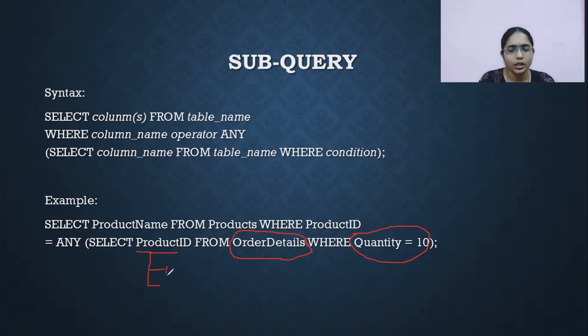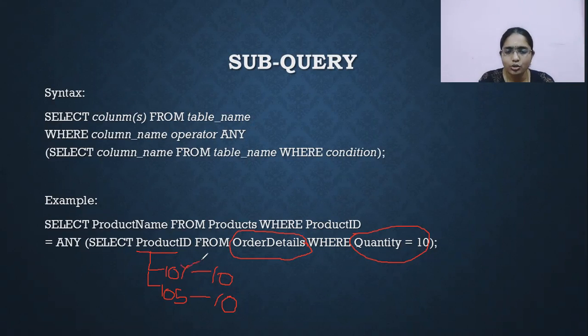Let us assume the product IDs 101 and 105. These two products have been sold at 10 quantities each. What happened?